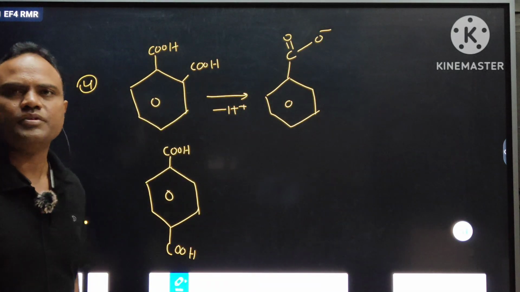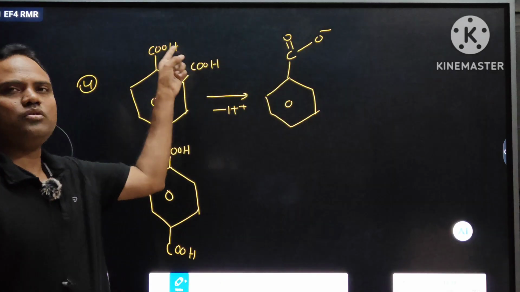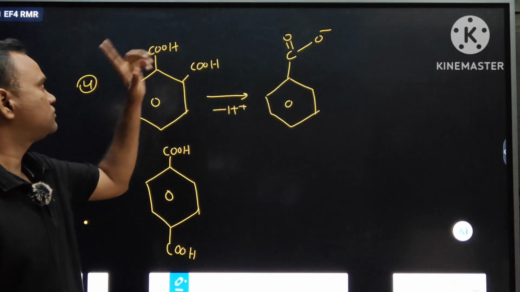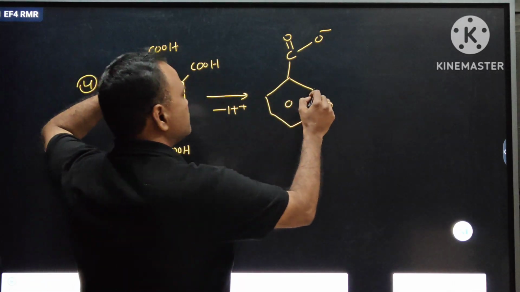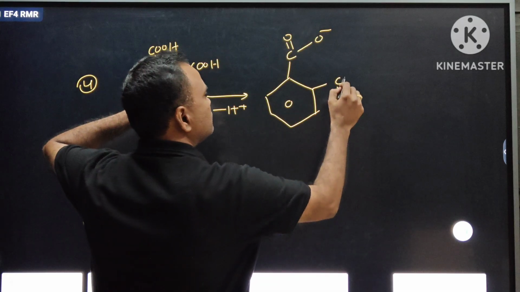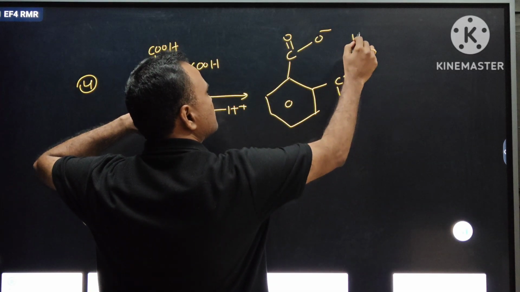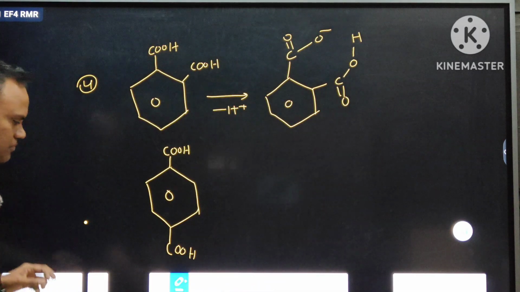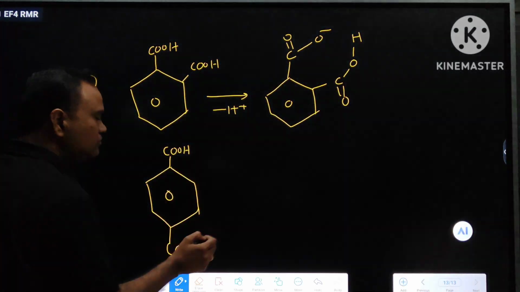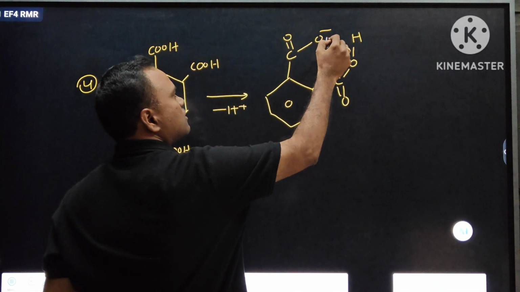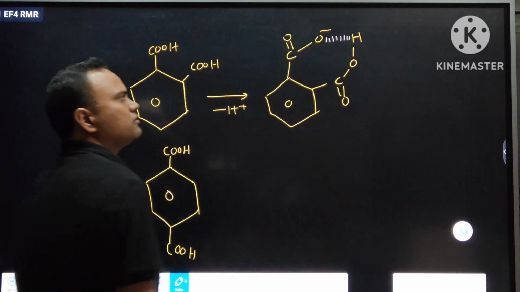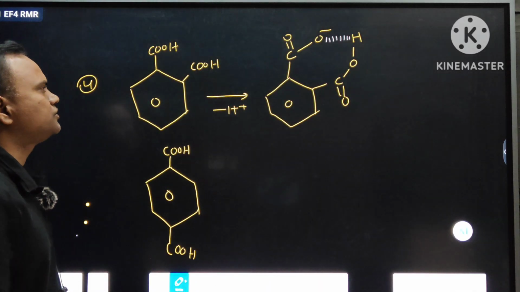See, let us consider the COOH is losing hydrogen, H plus, and write this as it is, C double bond OH. Intramolecular hydrogen bonding in phthalic acid.